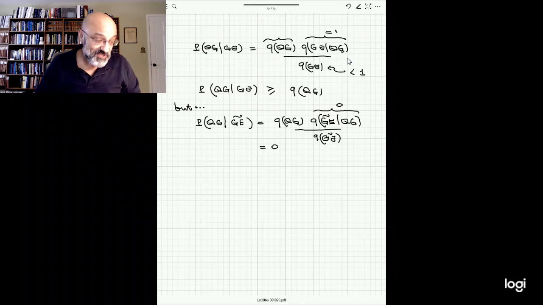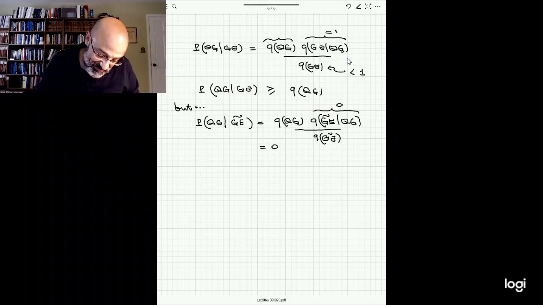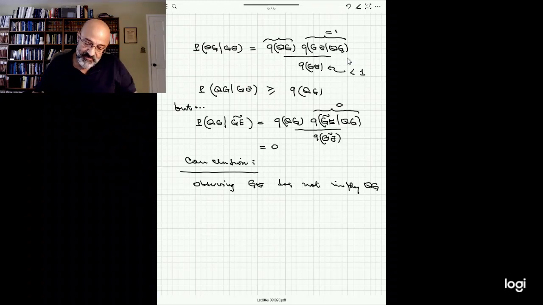So the conclusion here is something like: observing gravitational entanglement does not imply quantum gravity.